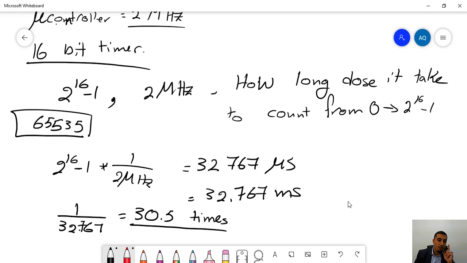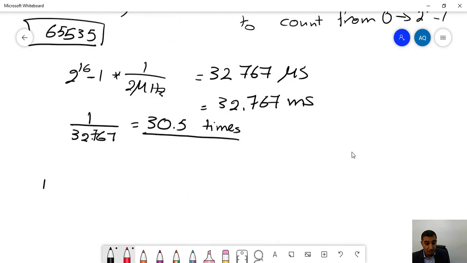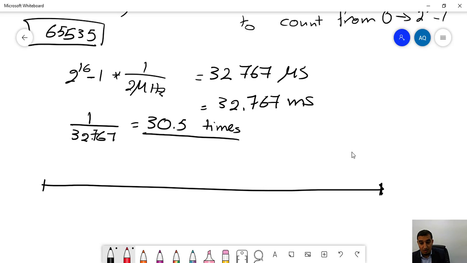So I need my timer and counter to count from 0 to 65,535 around 30 times in order to get the 1 second period. So I need to count 30 times.